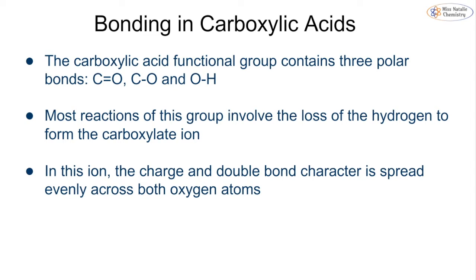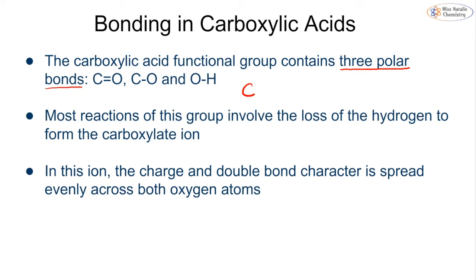When we look a little bit closer at the bonding, we're going to focus our bonding on the functional group. We know how the carbons and hydrogens of the hydrocarbon part bond, but we want to focus on the carboxyl functional group. And what makes this very different is the fact that we now have 3 polar bonds.